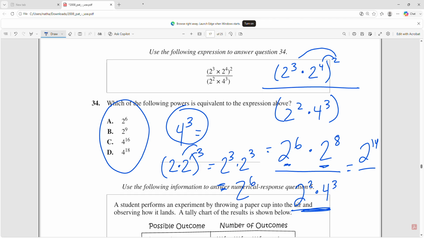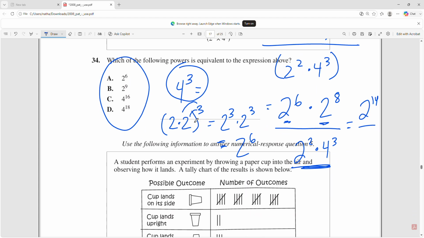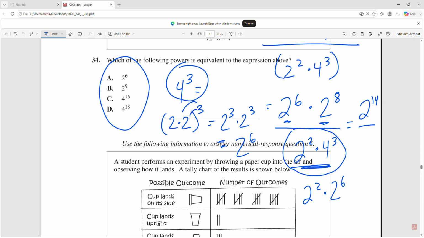So I'm going to replace this 4 cubed with 2 to the power of 6. Okay, so let's rewrite this part below. So I have 2 squared times 4 cubed, but we just figured out we can rewrite that as 2 to the power of 6. Now if I add those two exponents together, 2 squared and 2 to the 6, we get 2 to the 8.